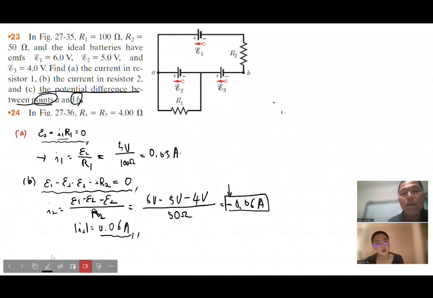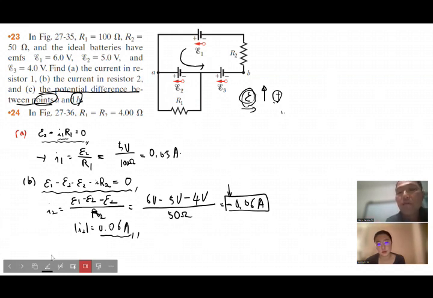You may want to look back at the lecture part I gave you. So basically, in the case that the direction of current is the same as the direction of the loop, then usually the battery or EMF creates a potential rise, which means you have to put the plus sign before the battery.